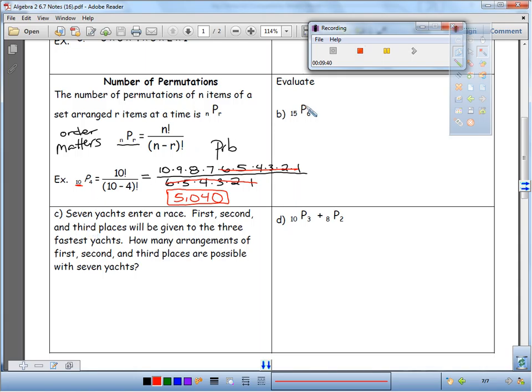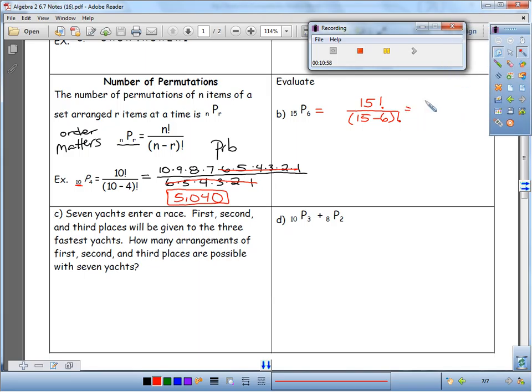Okay, good. In your homework, this is what I'd like you to do. 15 choose 6. So I'm going to choose 6 people out of the 15 people that are there, or 6 items out of the 15 items that are there. You're going to write the formula of 15 factorial divided by 15 minus 6 factorial, which gives me 15 factorial divided by 9 factorial.